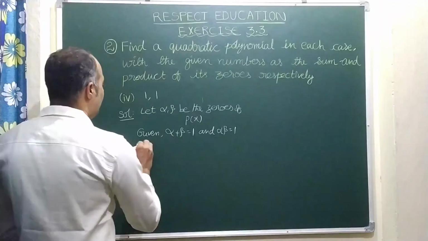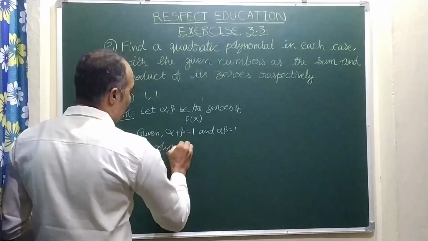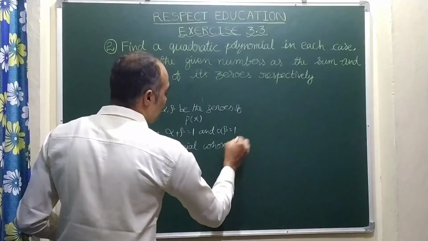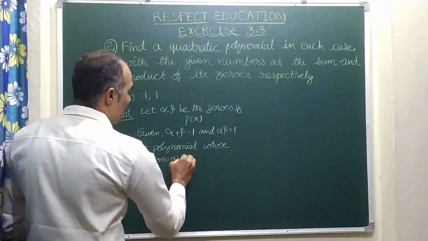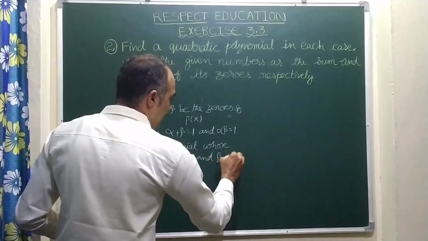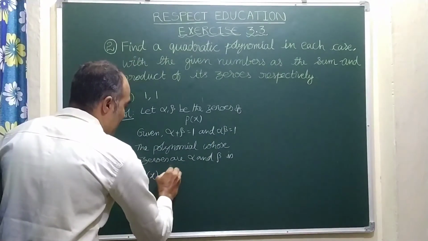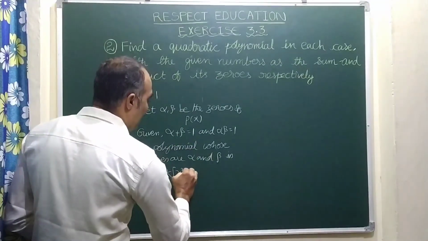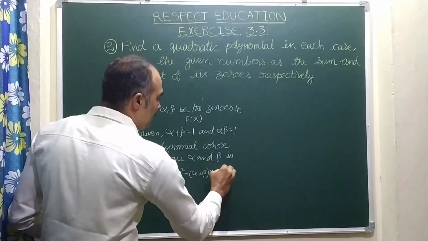Now here let us write the polynomial whose zeros are alpha and beta is, the required polynomial is p of x equal to, let us take k into x square minus alpha plus beta into x plus alpha beta.